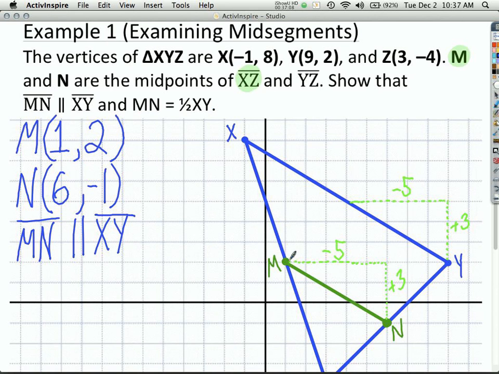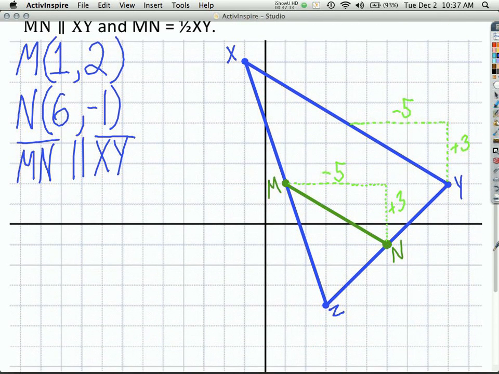So how do we find the distance of MN? What do we need to do to accomplish that? How do I find MN? Give me a thumbs up if you know how to find MN. Stephanie, how? Yeah, now we need the distance formula. So, MN is going to be the difference of the x's squared plus the differences of the y's squared.